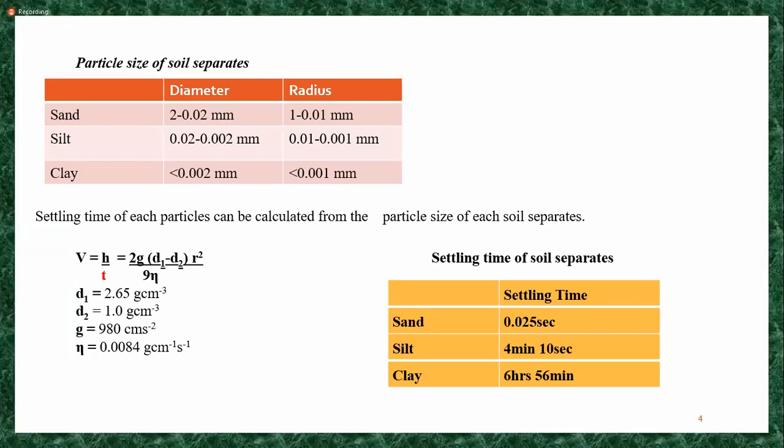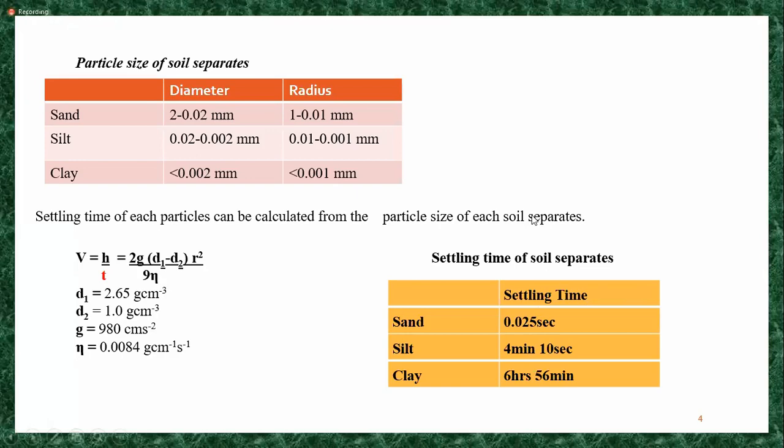Using this settling time, we are going to determine how much sand, silt or clay is present in the particular soil, and thus the texture. You can note down this settling time in your record books.